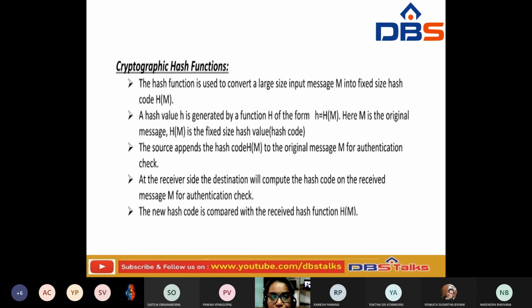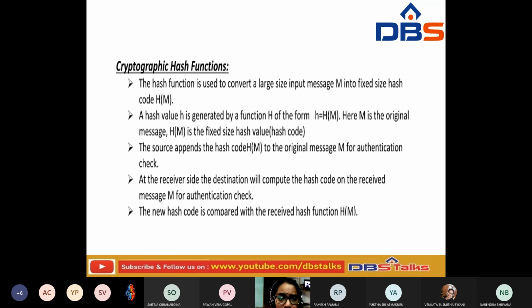Here the hash value h is generated by a function of the form h equals H of m. Here m is the original message, and H of m is the fixed size hash value, the hash code that we have generated after converting that large message into the fixed message.